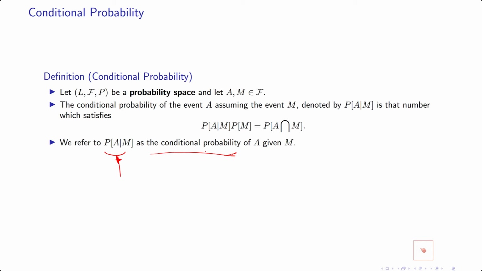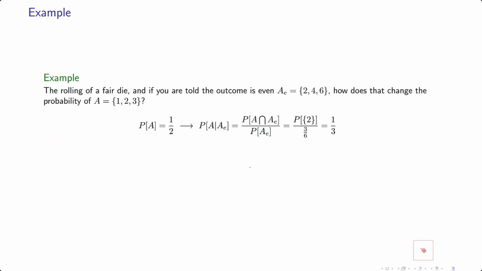The value of probability will change as soon as you know M is happening. So the probability of A given M is the main instrument for estimation, detection, inference, machine learning, everything else. This is the main thing.